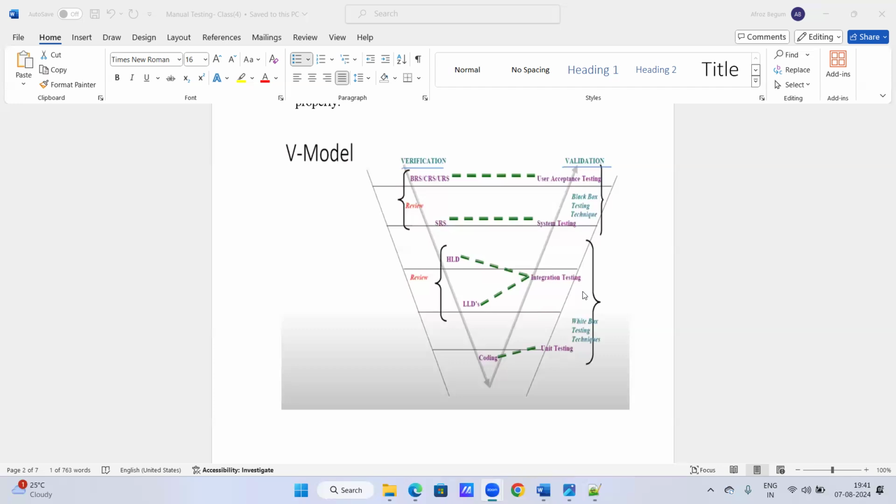These testings are conducted at the code level, which is called white box testing. Understand, guys, whatever testing is conducted on the code, main module or sub-module, is called the white box testing technique. Why are we calling it the white box testing technique?